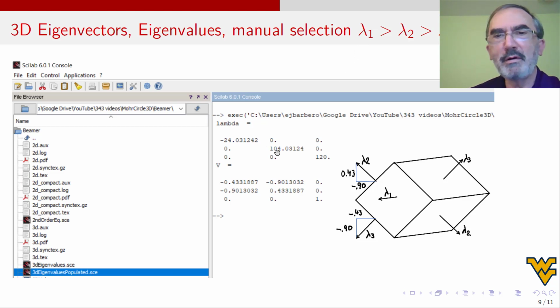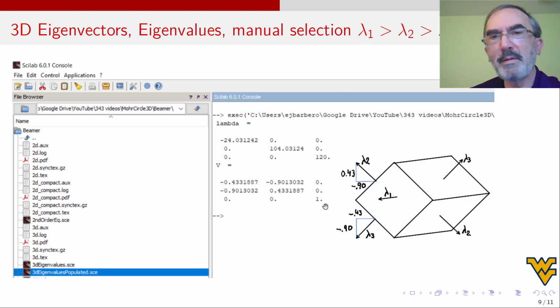The 104 is in the middle, and this is the most negative, that's the smallest. And the V's, what do we do with the V's? Well, the 120, which is the largest, points in the direction Z. This is direction 1, because it's the largest. 120 is lambda 1, so for us it's going to be this.